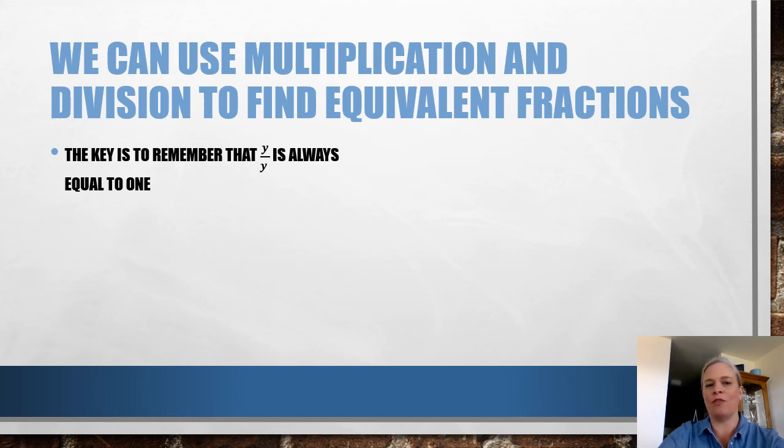If you have 5 over 5, or 8 over 8, all of those are equal to 1. As long as the numerator and the denominator are the same number, that is equal to 1 whole. So that identity property of multiplication helps you see you're not changing the value or how much you have, you're just changing the name of it.